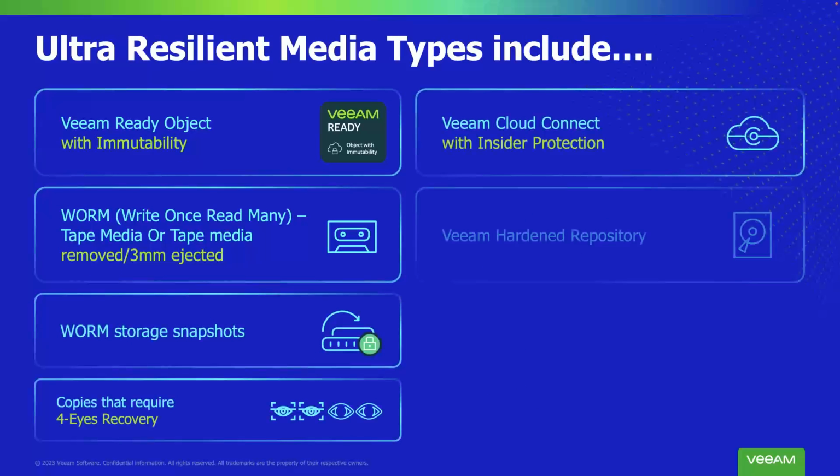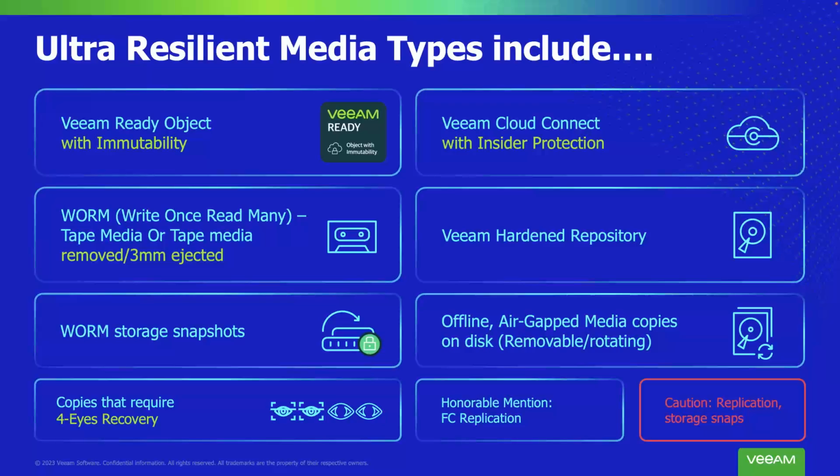So looking at the different media that Veeam supports, giving you resiliency, we have said earlier, Veeam Ready object storage. We have object storage with immutability. As long as they support object lock APIs, you can turn on the immutability. This prevents accidental or intentional deletion of your backup data.